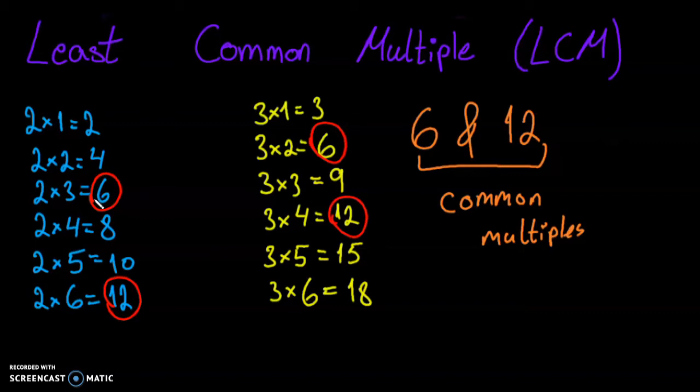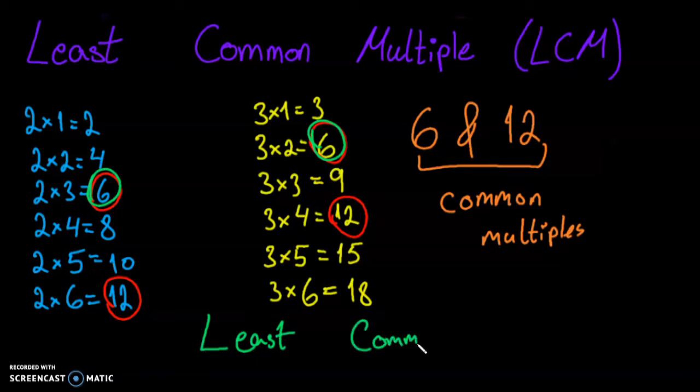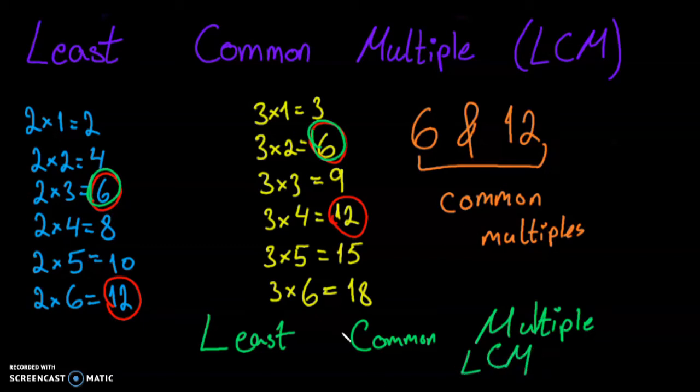Now the least multiple, this is the smallest one, is called the least common multiple. Or we can just call it LCM.